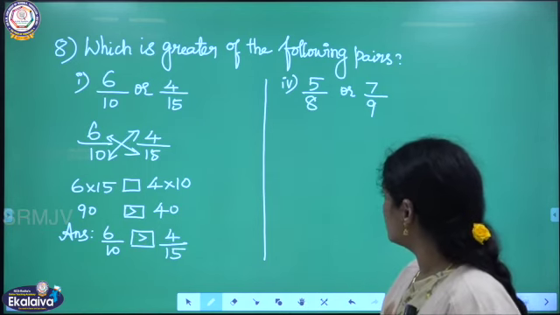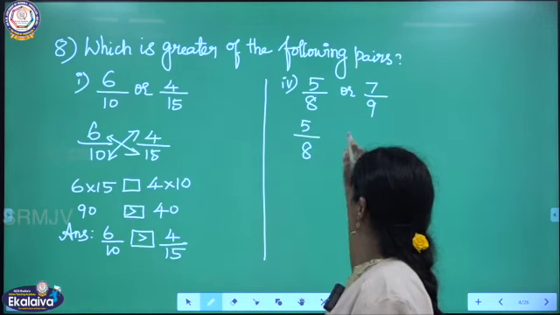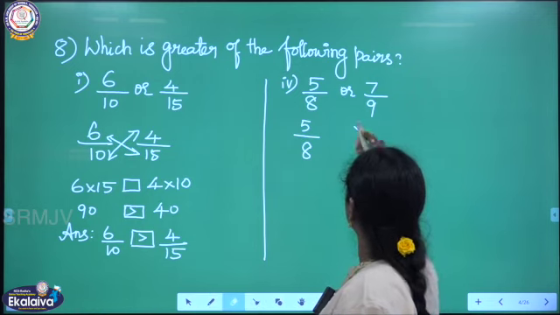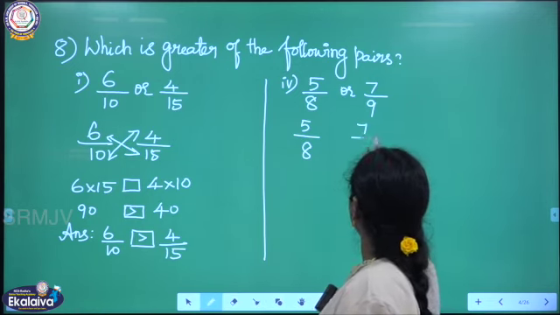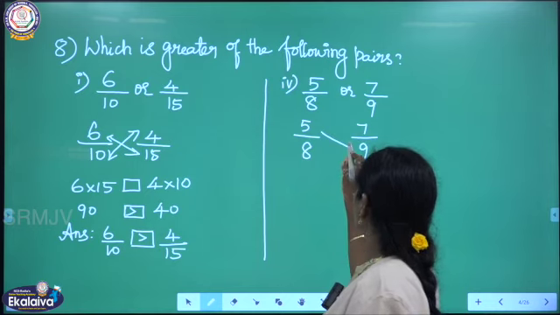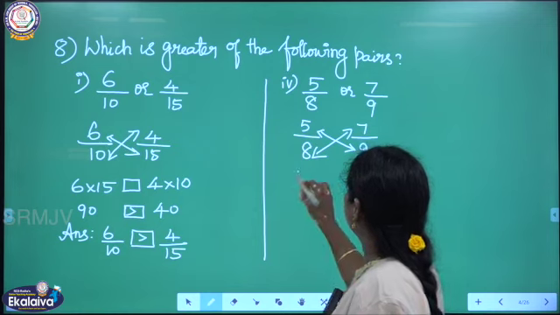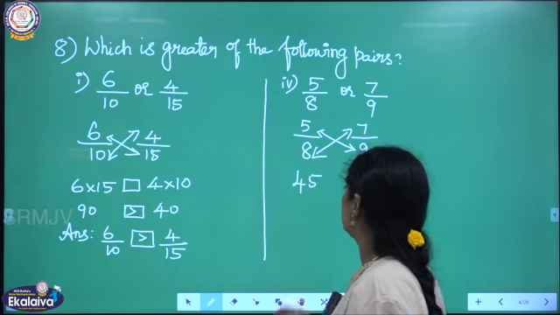According to that, you have to write the answer. Can you clear this? Same thing, 5 by 8, 7 by 9. Just cross multiply this. 5 9s are 45, 8 7s are 56.